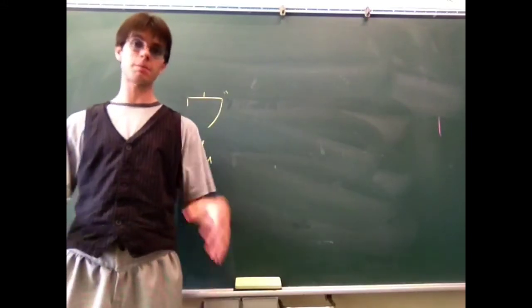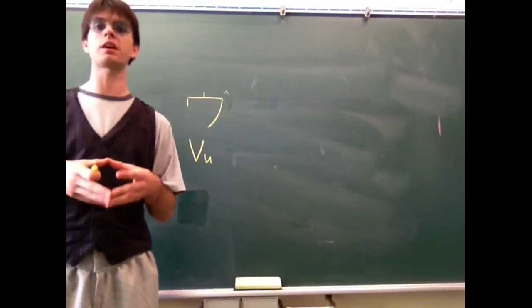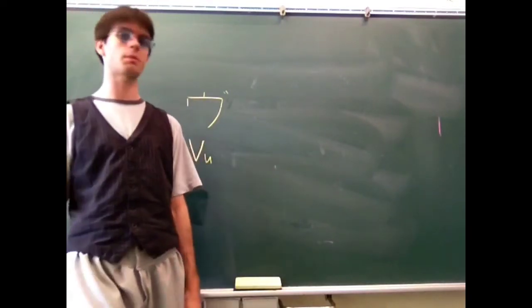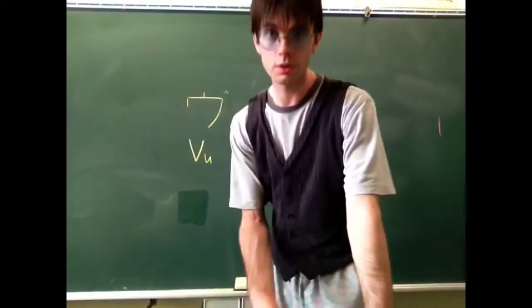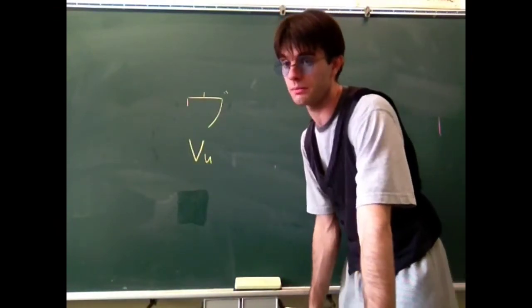The Japanese people have a hard time saying this sound because it doesn't exist in their syllabary. But recently, in the past some odd years or so, they've started trying to use vu. So you can use this for foreign words that have V sounds in them.